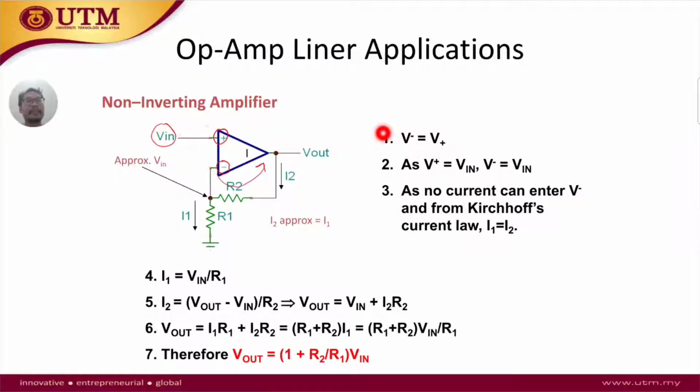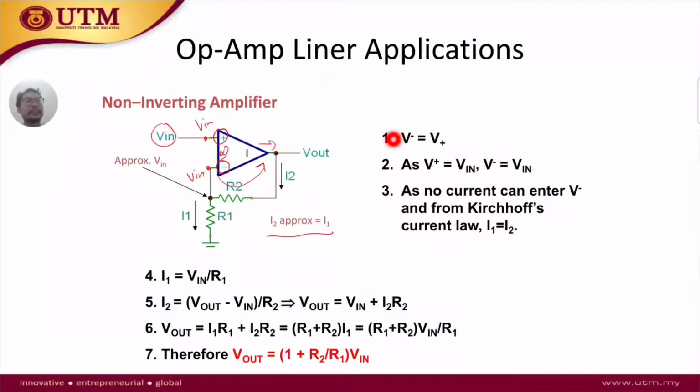So V in on the plus, and therefore we have a virtual ground, so if this is V in, then here is also V in. No current flows through the op-amp because of infinite resistance, and we have the current on the output side. Because of the infinite resistance, we have I1 approximately equal to I2.